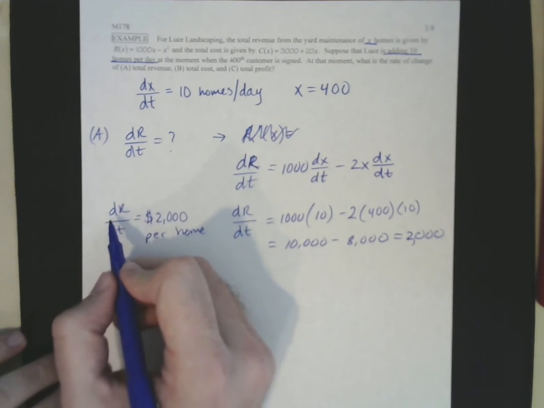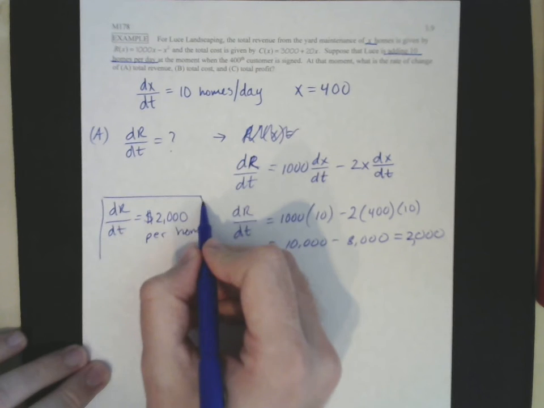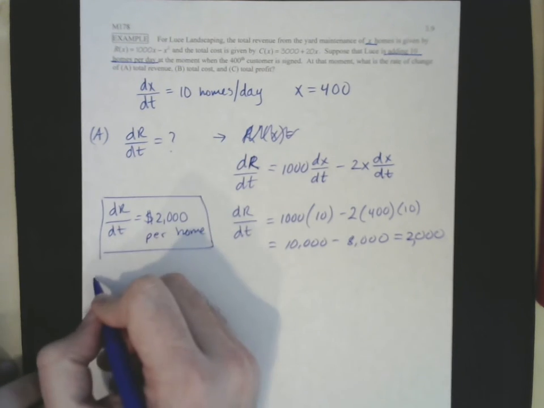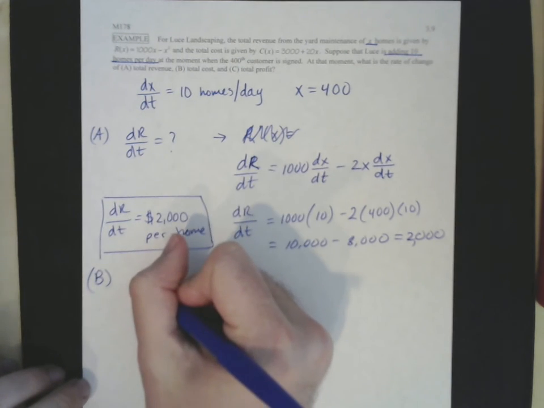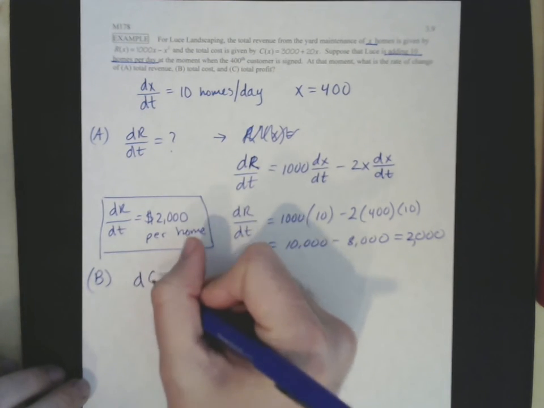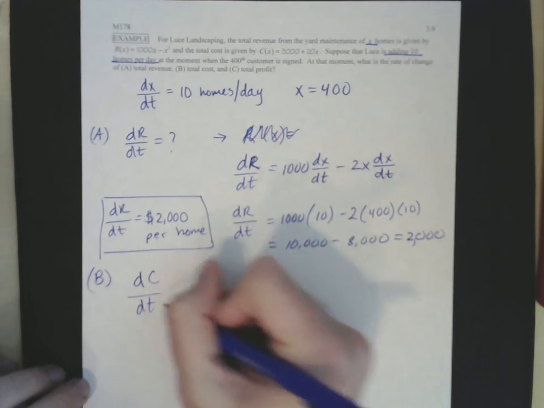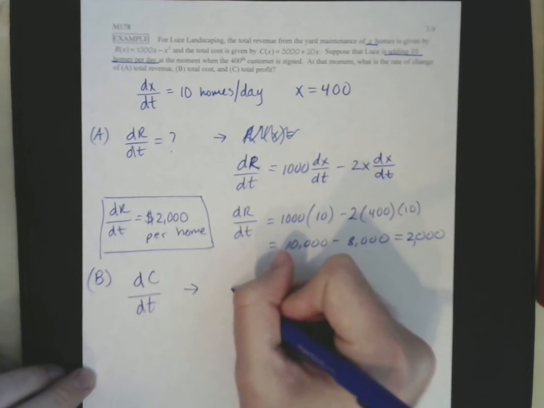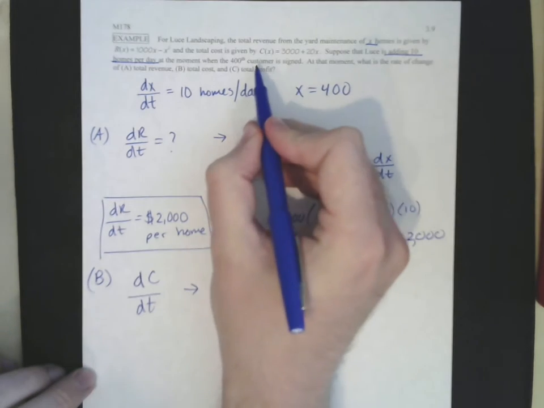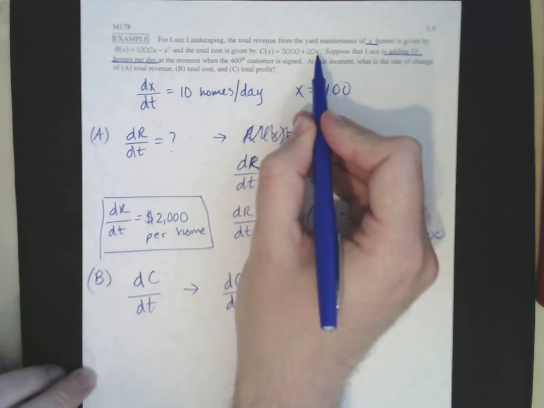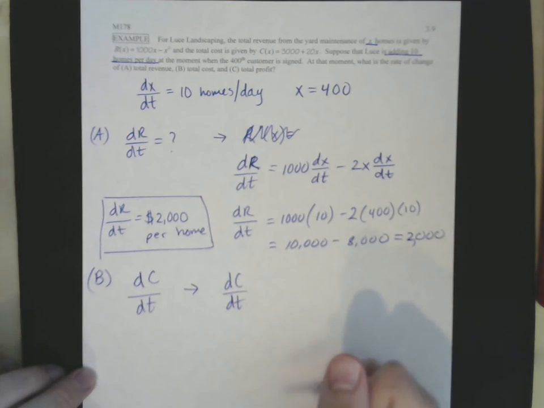So box that up. Part B now says do the same thing, but we don't want dr dt, we want dc dt. So that means we're trying to find dc dt, which means from our cost function we're going to be differentiating implicitly with x as a function of t.